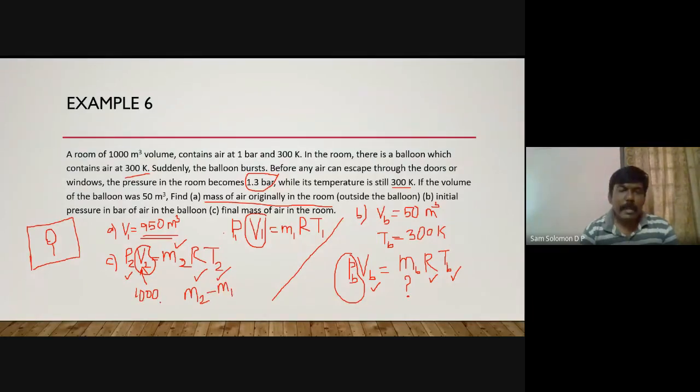So MB is equal to M2 minus M1. And that you can substitute here. When you substitute that MB, then you will be able to get the initial pressure of air inside the balloon. Is that clear, guys? Okay. So that will give you the value of the initial pressure of air inside the balloon.